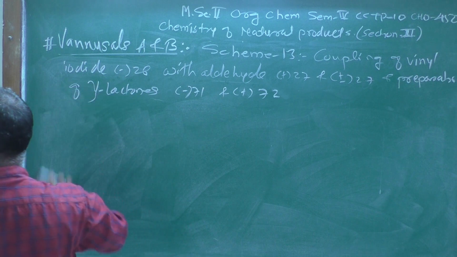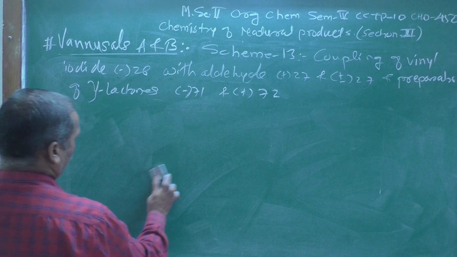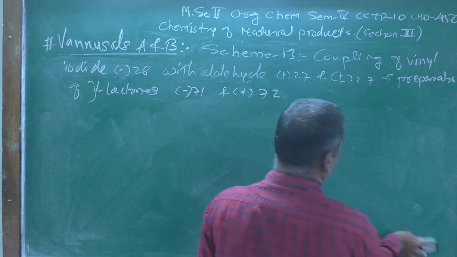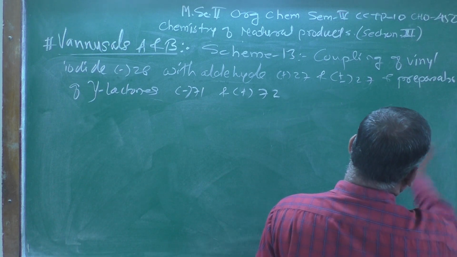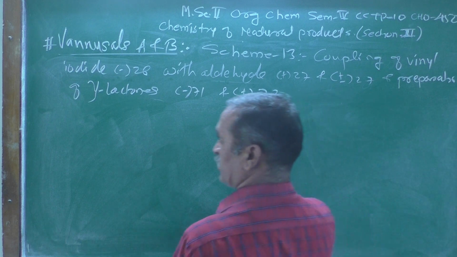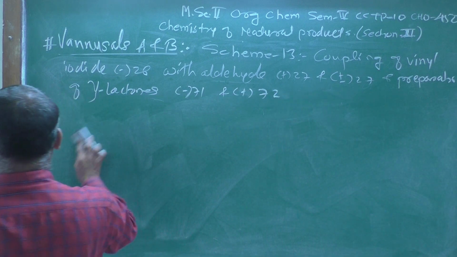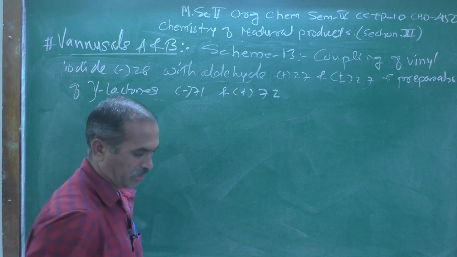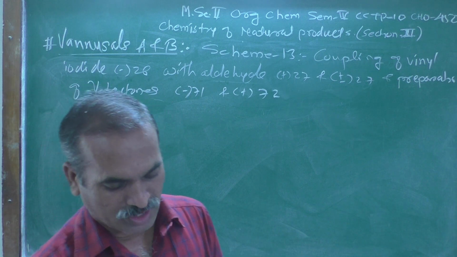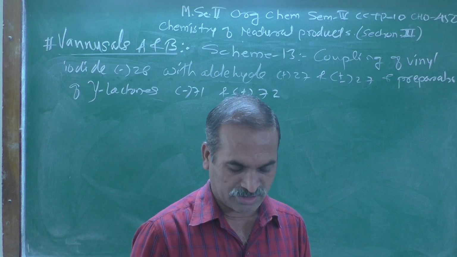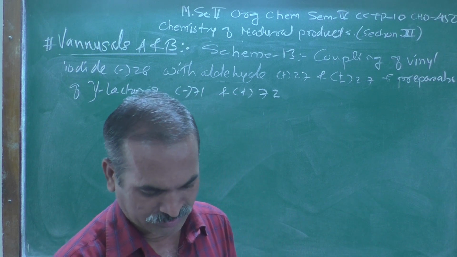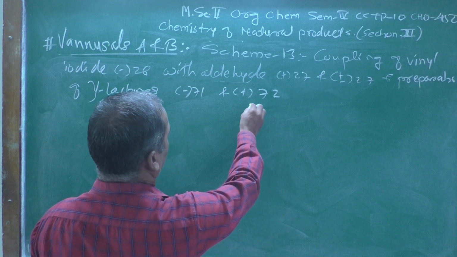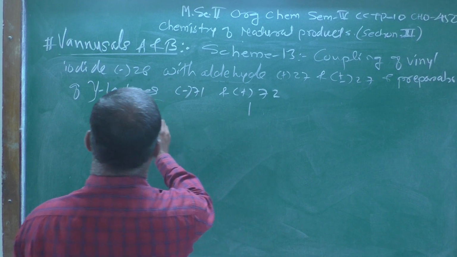Which one is favorable? The re face is favorable and the si face is disfavorable, because there is a protecting group which prohibits the attack from the si face, and due to this reason we will get these two structures. Now I am showing over here these two arrows like this.